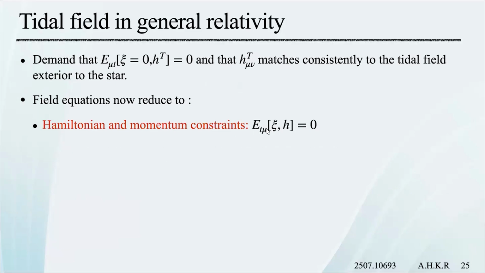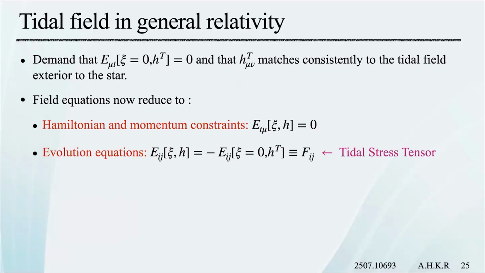So this is true. You also have the evolution equations for the metric self field of the star, but now it's sourced by some tidal stress tensor, and the tidal stress tensor is shown here. There could be some choices of the tidal stress tensor which could set this to 0. I do not think that will be consistently possible because the Bianchi identities won't be satisfied.